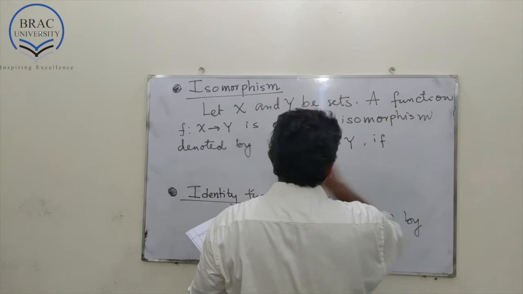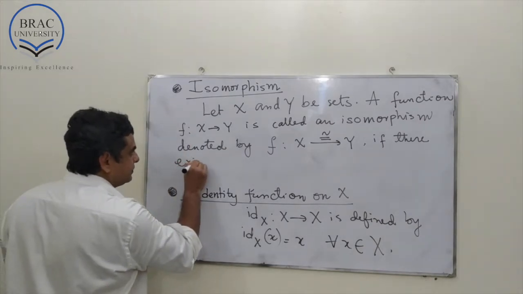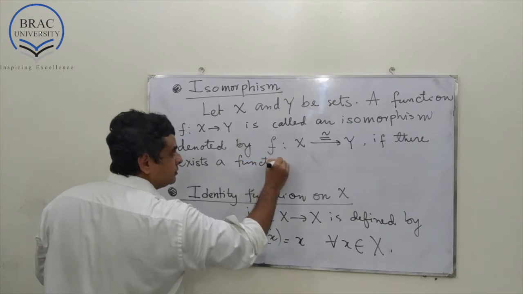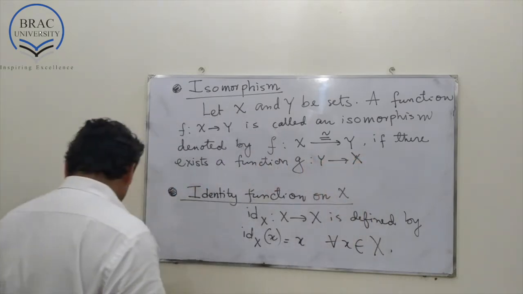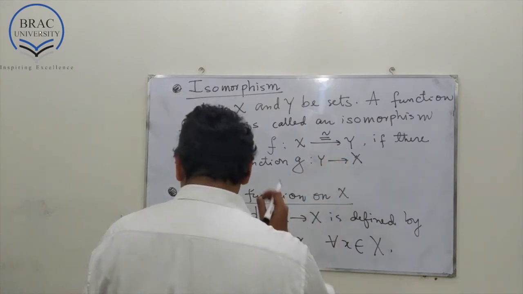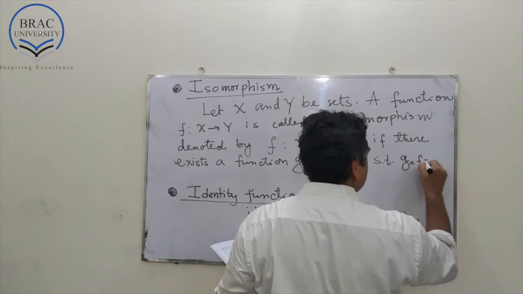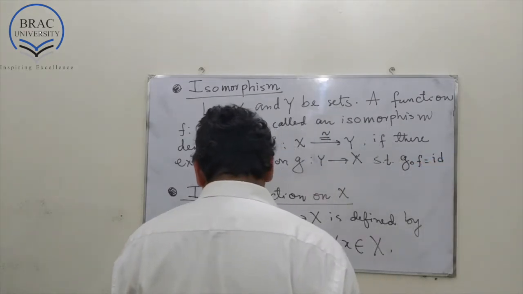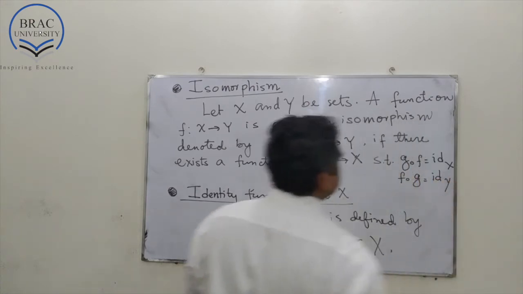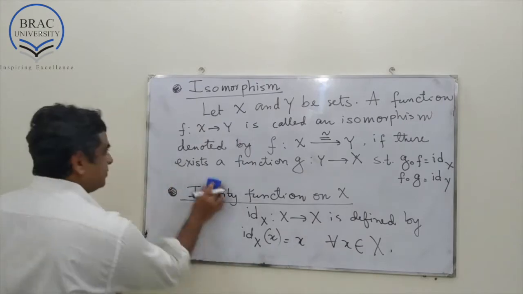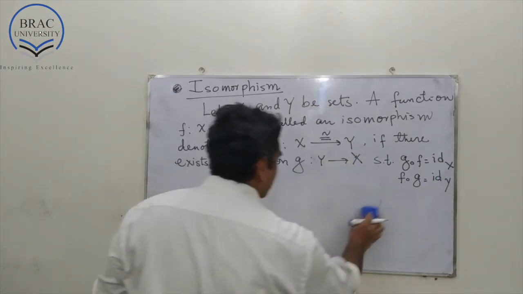If there exists a function besides this function f, a function g from Y to X, so the domain and the codomain are swapped here, such that g composed with f is the identity function on X and f composed with g is the identity function on Y, where we have already defined what these identity functions on X and Y mean.